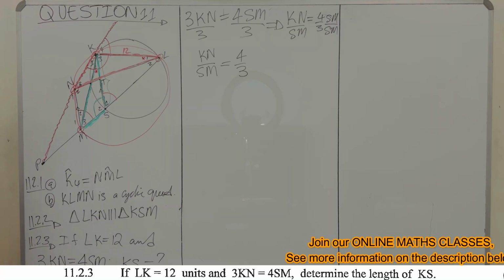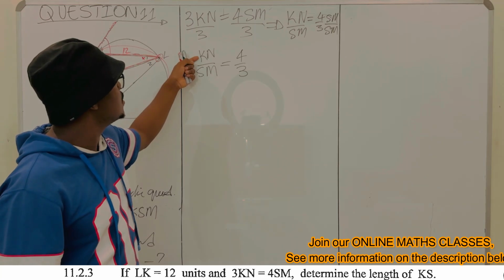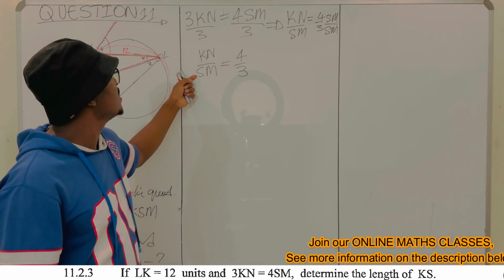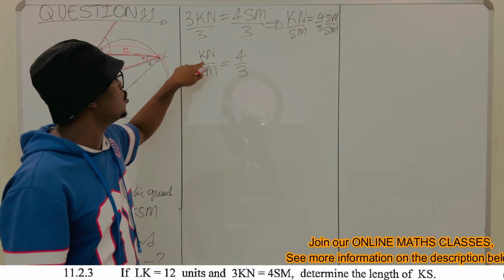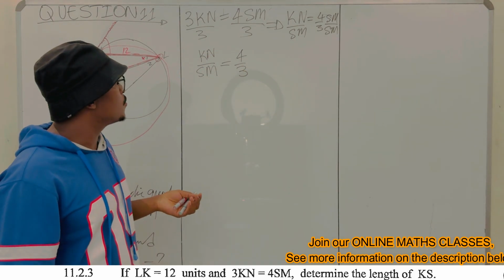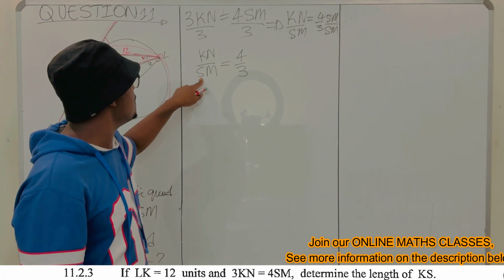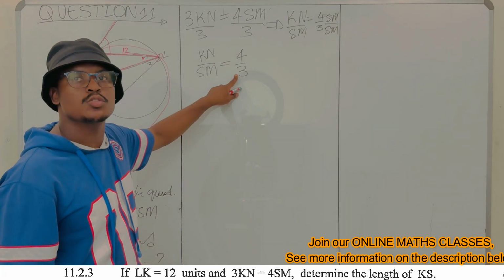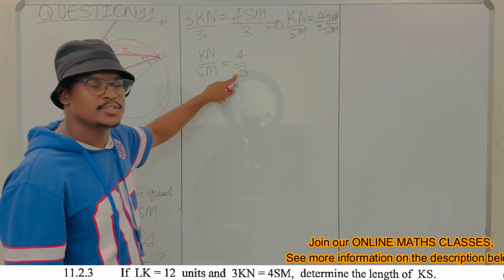Right? No problem. KN over SM is equal to 4 over 3. This is a ratio. So the question becomes, does that mean KN is equal to 4 and SM is equal to 3? That's not true in general. It can be, but not always true.